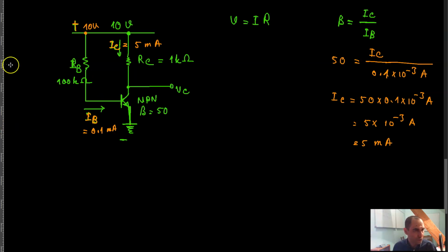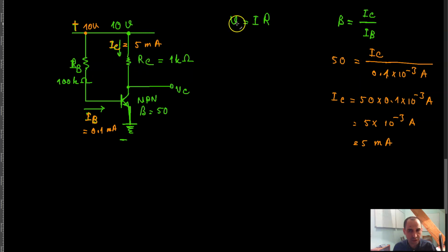Now I know what my collector current is, so I can calculate the voltage drop across this resistor. And since the power supply is 10 volts, I can ignore the voltage drop across the collector emitter junction of this transistor, regard it as 0, and assume that the whole voltage is being dropped across the collector resistor.